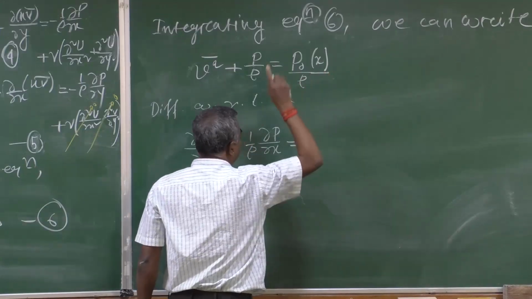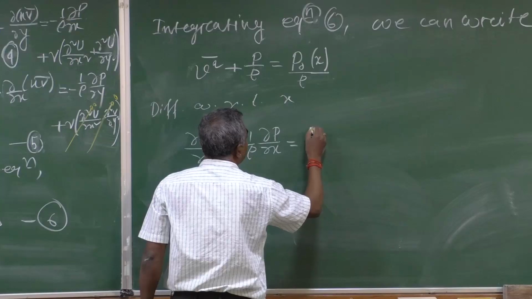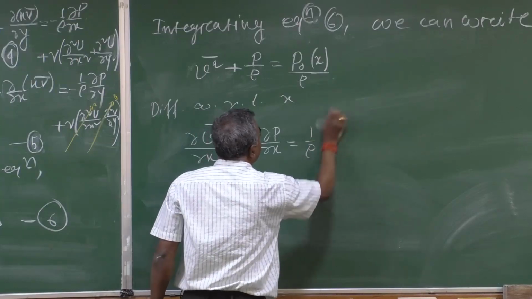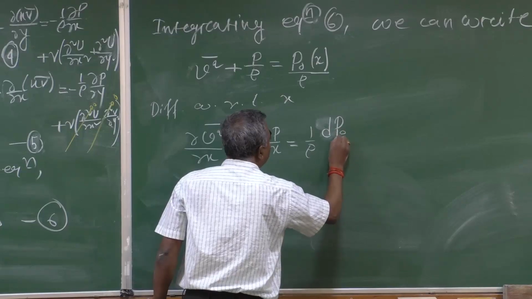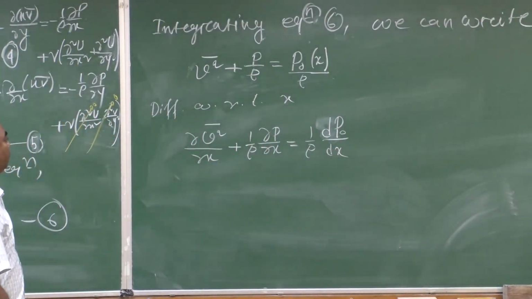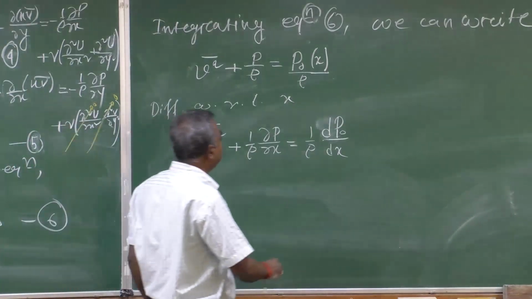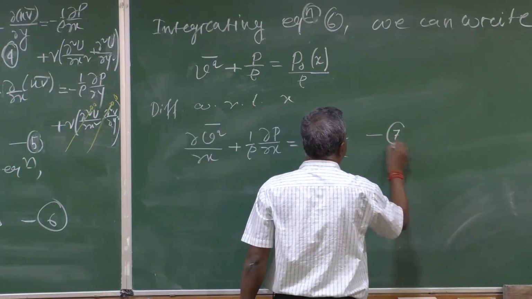If you apply the boundary condition in the free stream, then you will get p naught by rho. So, this is going to be 1 by rho, and since it is only a function of x, we can write dp naught/dx. So, this is what we can write, and let us say this is our equation 7.